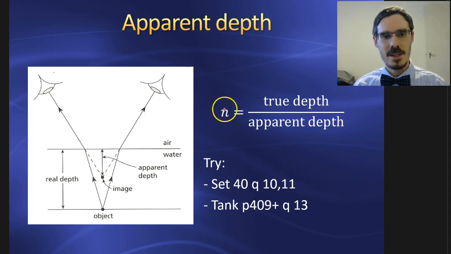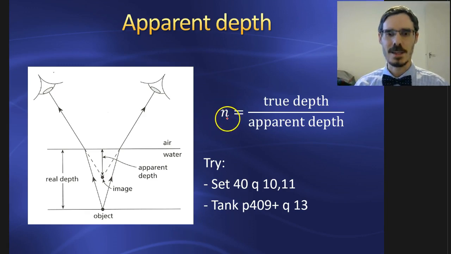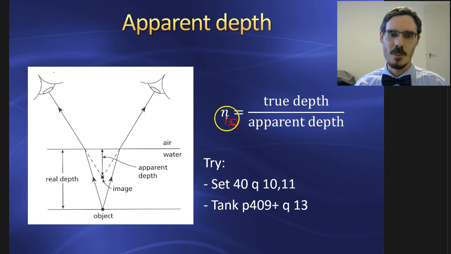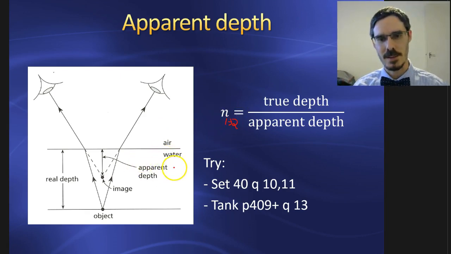This n is really the relative refractive index going from material 1 to material 2. It's just that most of the time we're the ones looking, and we're looking in air. So when we look in air, n1 is 1, so this is just n2, or the refractive index of water.